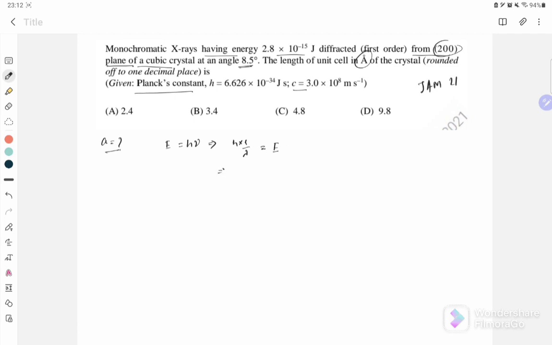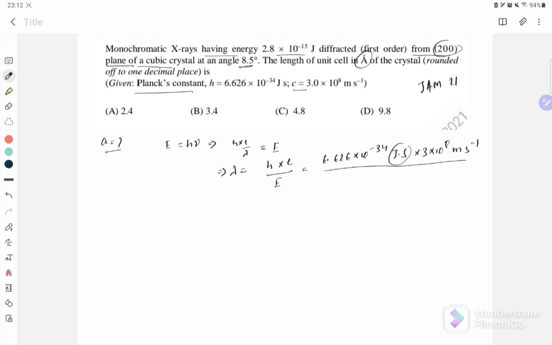Then lambda equals h into c by E, that is 6.626 into 10 to the power minus 34 joule second. We always write this unit because it will help you calculate easily. And 3 into 10 to the power 10 meter second inverse.